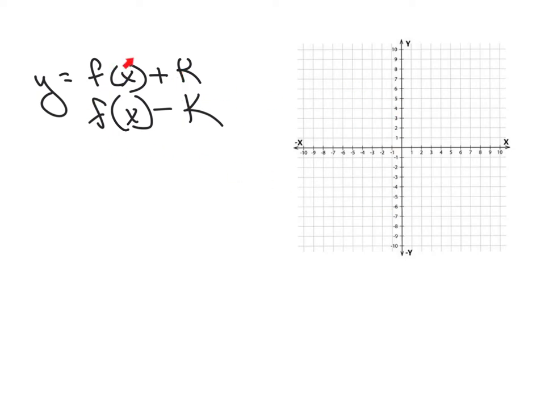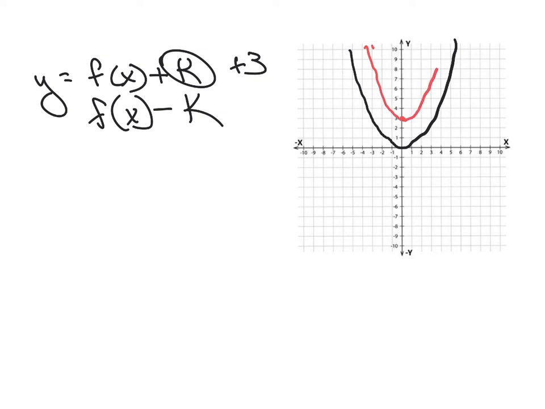Now, if it has an exponent up here like a 2, it's also going to give you a graph. Let's say it gives you a graph like this. If it's squared, it's going to give me a parabola. And then this k, let's say that k is a 3. That means it's going to move up 3. It's going to be the same exact shape.